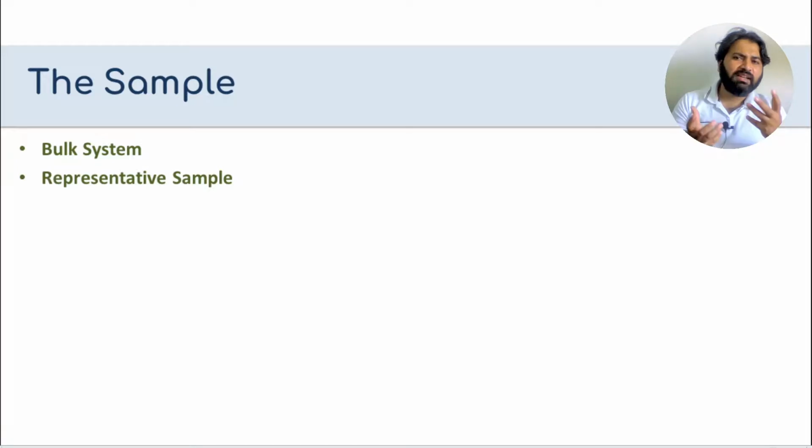So now what are the native samples? Actually, because we are studying analysis, a representative sample means the sample which represents the whole batch. For example, in agriculture, the scientists or researchers collect sand or soil from the deep for analyzing.